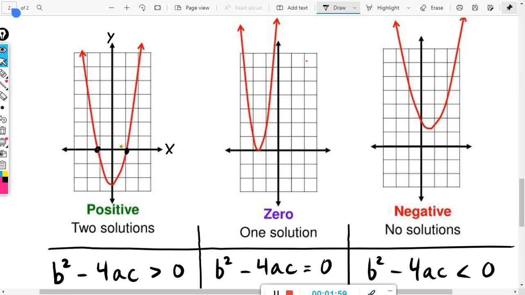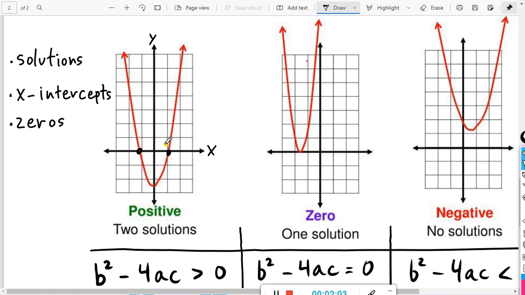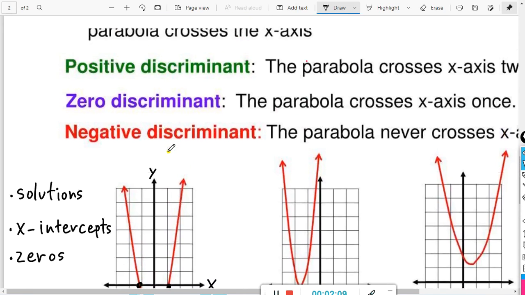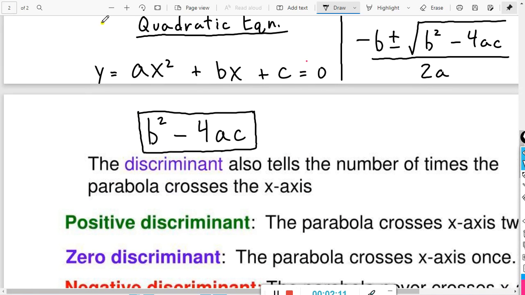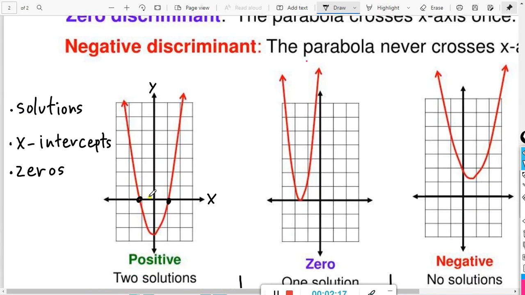The points where the parabola crosses the x-axis have several names. Those 2 points, you can call them the solutions, because they are the solutions to the equation when you set the quadratic equal to 0. You can also call these points the x-intercepts, because it is where the parabola intercepts or crosses the x-axis.